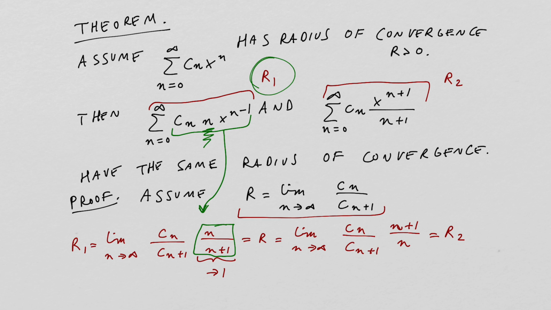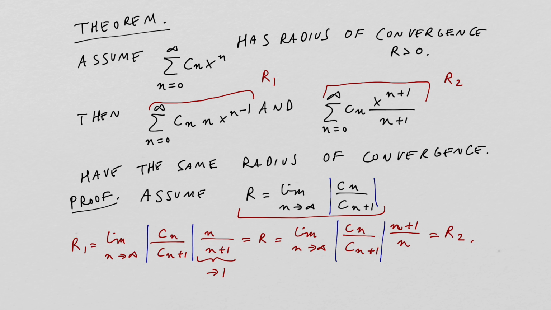In a similar way here, dividing by n plus 1 does not give anything special because also this fraction here will go to 1 when n goes to infinity. Also, I think I should have the absolute values. Well, now I think everything is okay.